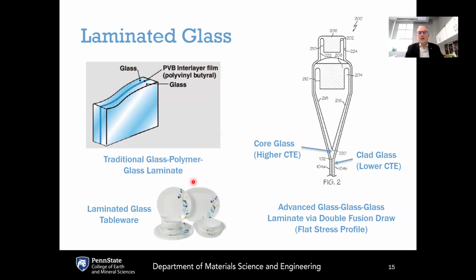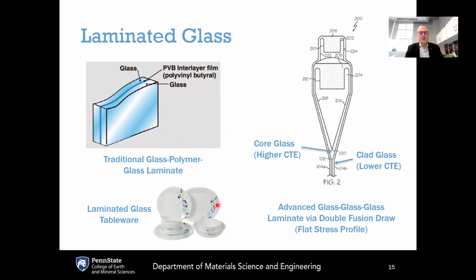Another type of laminated glass would be where all 3 layers are glass. So instead of having a polymer layer, you have a glass laminate. An example of that in an everyday glass product is this laminated glass tableware. This is Vitrelle laminated glass, and this is sold as Corelle tableware products.